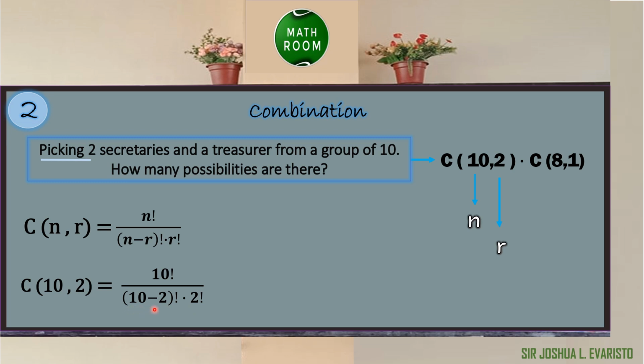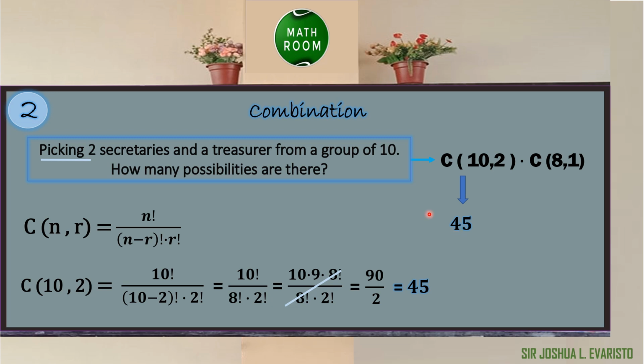Evaluate. 10 minus 2 is equal to 8, so we have 10 factorial over 8 factorial times 2 factorial. 10 factorial can be written in the form of 10 times 9 times 8 factorial, so that we can cancel 8 factorial on the numerator and denominator. Simplify, we have 10 times 9, that is equal to 90, and 2 factorial is 2 times 1, which is equal to 2. Last step, 90 divided by 2 is equal to 45. Hence, combination of 10, 2 is equal to 45.